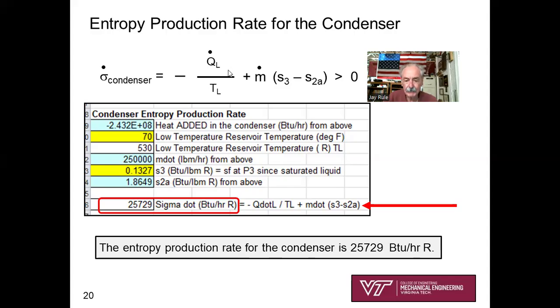So I turned the crank on my numbers, and it turns out to be 25,729. A positive number makes sense. So far, I've got 3 positive numbers. Thank goodness. That says that all of these proposed processes are possible. And so the entropy production rate for the condenser is 25,729 BTUs per hour per degree R. Now we've got to go to the boiler and we'll be finished.